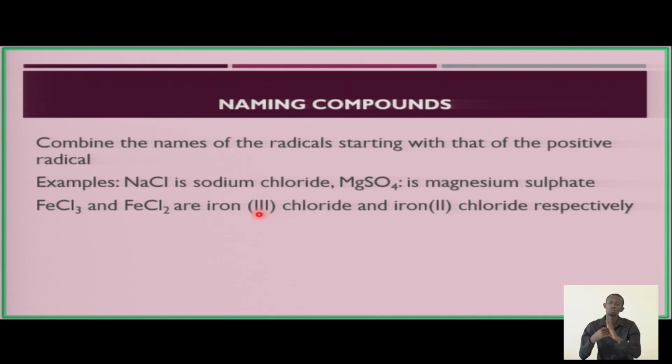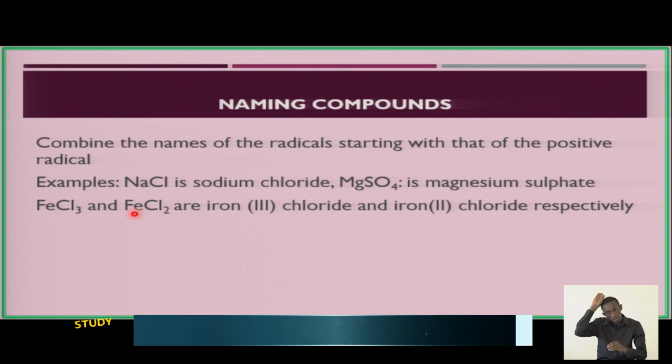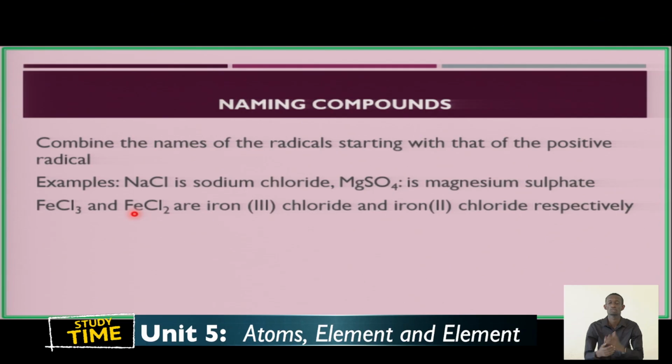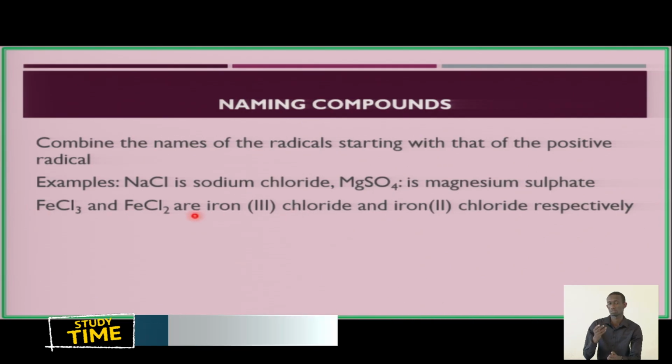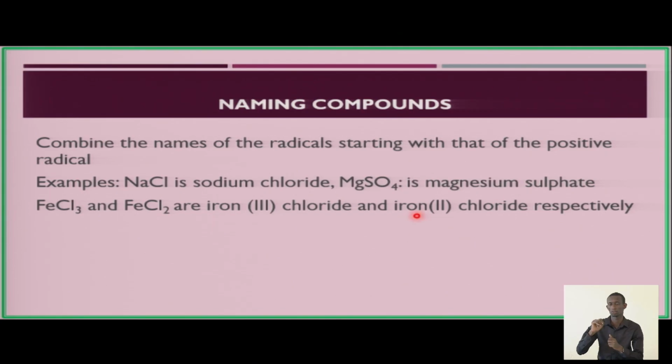You remember how we named these monoatomic ions, which have different charges, but which come from the same element. We said that you use the Roman numbers in brackets to show the charge on each ion. So here, this one will be iron 3 chloride, and the second one will be iron 2 chloride.